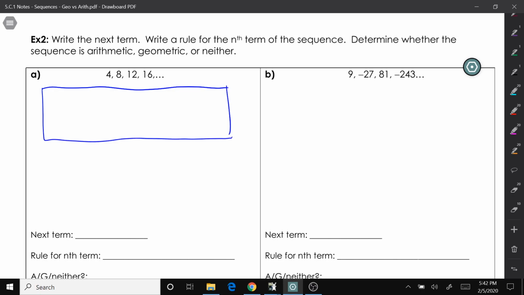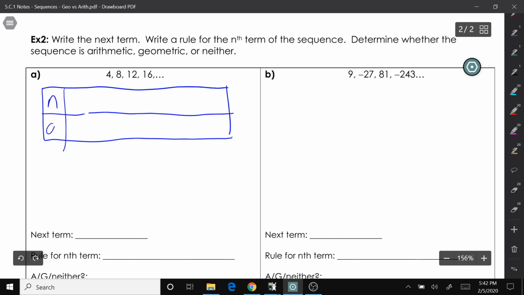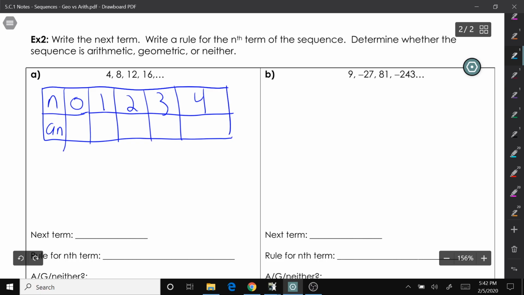So let's do the same thing. We have n and we have an. We don't know what the zero term is. We know the first term is 4.